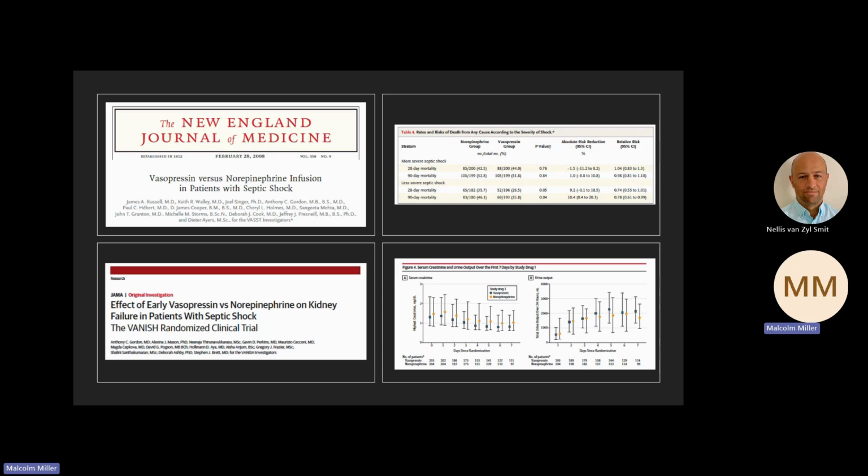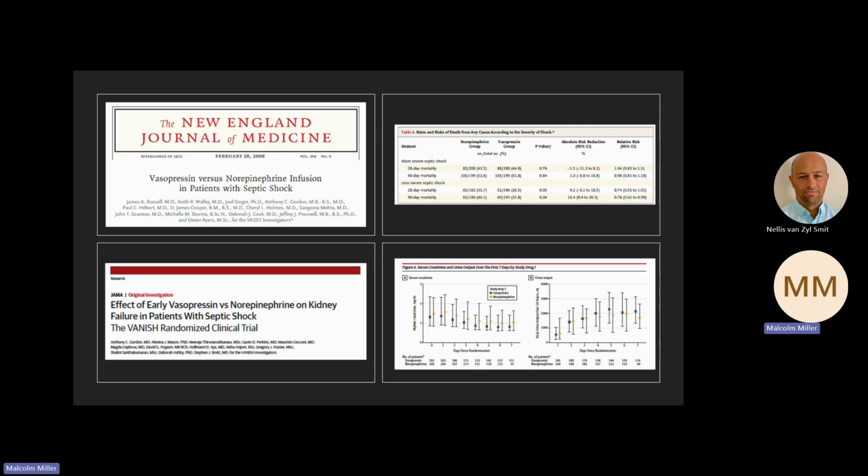And what this study showed, the 28-day mortality was unchanged in both groups. 90-day mortality was also very similar. But when they looked at patients with less severe septic shock, there was certainly a signal for benefit in the vasopressin group. And I'll come back to that.